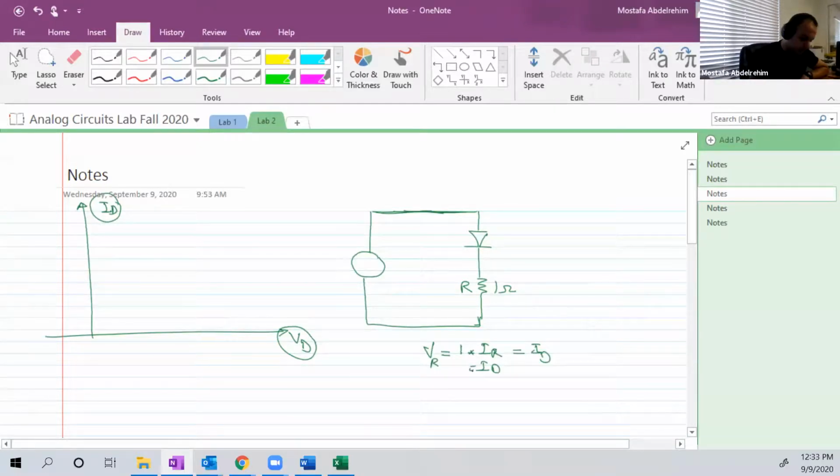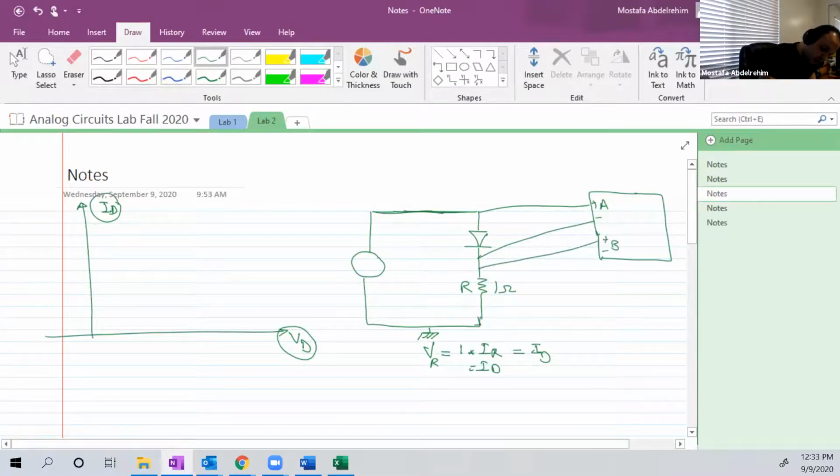So in principle, if we have this imaginary oscilloscope that has two grounds, and this is channel A, it will be connected to the voltage of the diode, and channel B will be connected to the resistor.